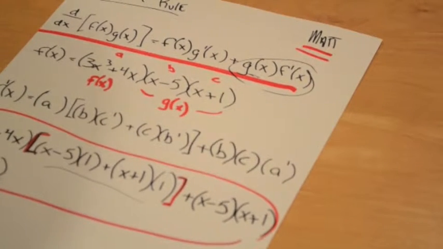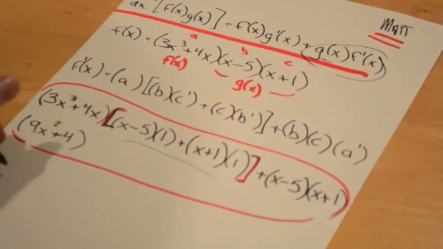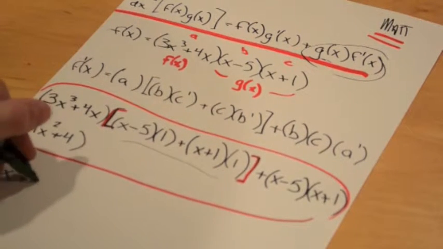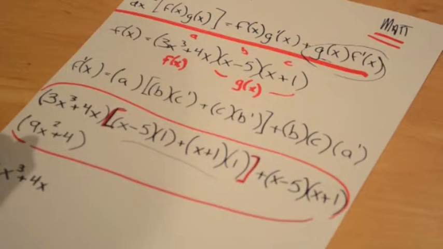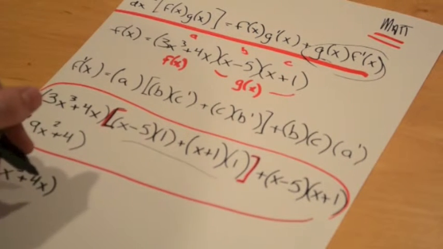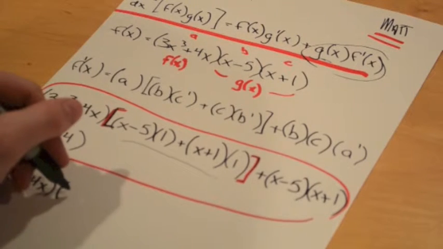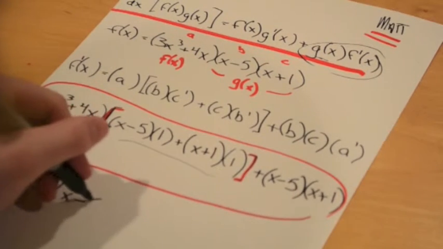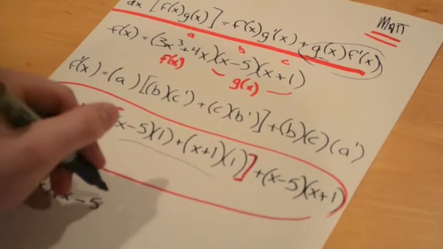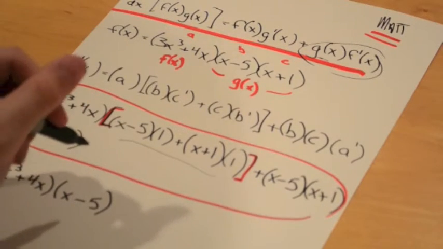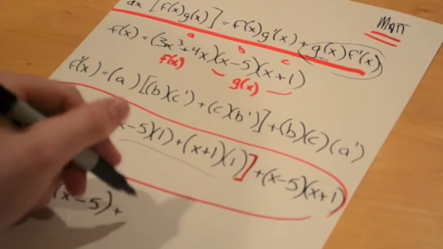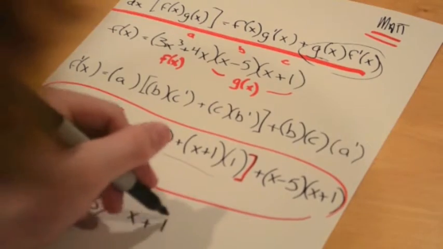Alright, so what we're going to do is take 3x to the third plus 4x, in parentheses, multiplied by x minus 5 plus x plus 1.